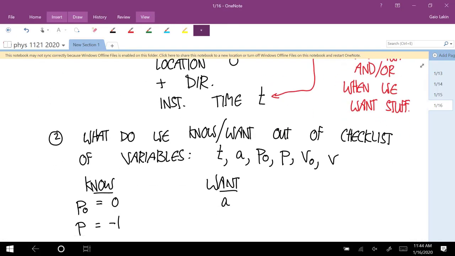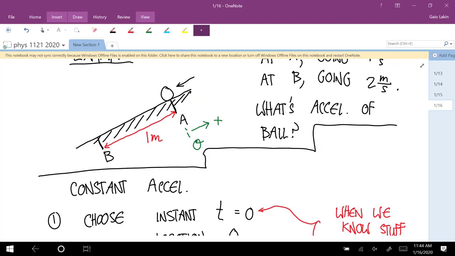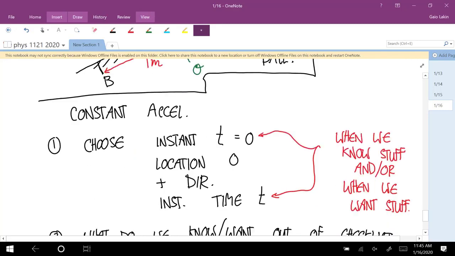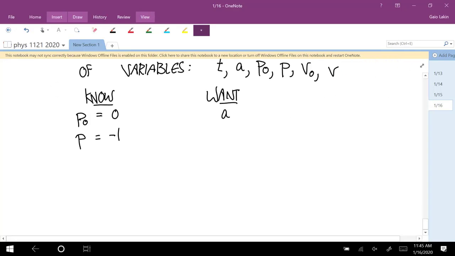What about V0? Do we know the velocity at the instant the ball passes A? Yes, so we know that the speed is 1 meter per second. The direction is down the ramp, which is in the negative direction. And so V0 is -1. I'll put units on these. This is -1 meter.